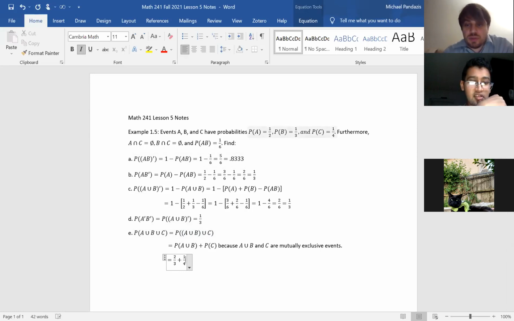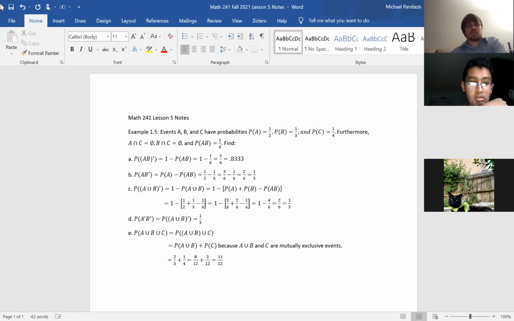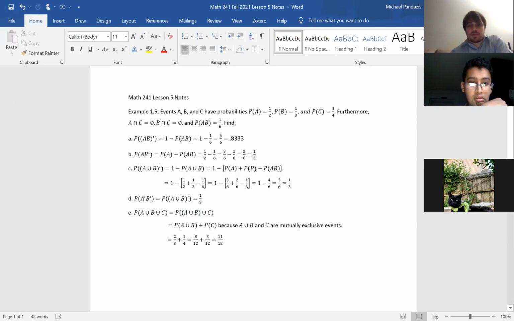This is 2/3 plus 1/4, which is equal to 8/12 plus 3/12. So that's equal to 11/12. Okay, so that's E. Good. Any questions so far?